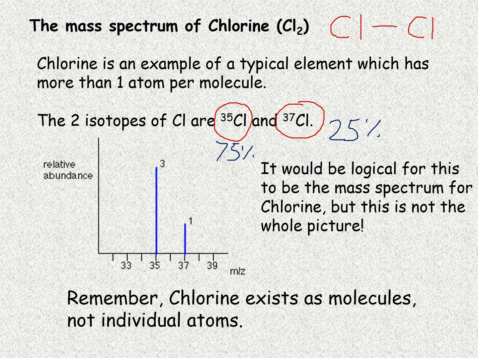So you'd expect to see 2 peaks on the mass spectrum, one at 35, one at 37, and the peak of 35 would be 3 times the height of the peak of 37. However, this is assuming we have chlorine atoms. Remember, we have chlorine molecules, so the picture is actually a bit more complicated than that.